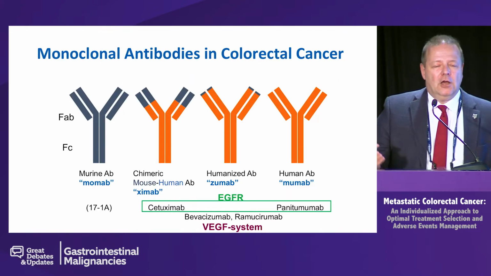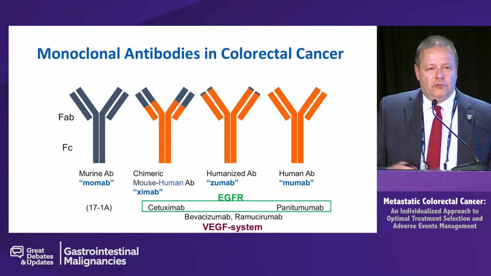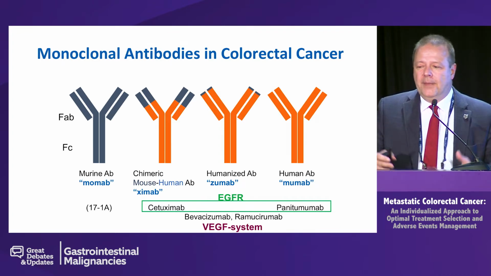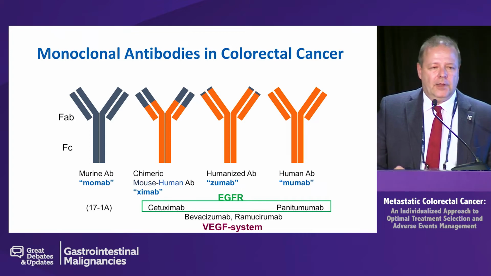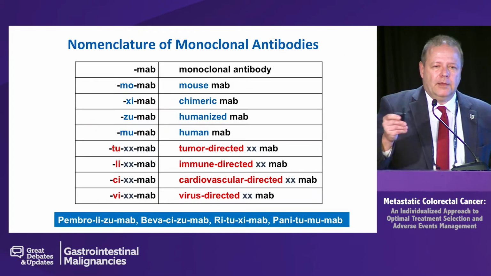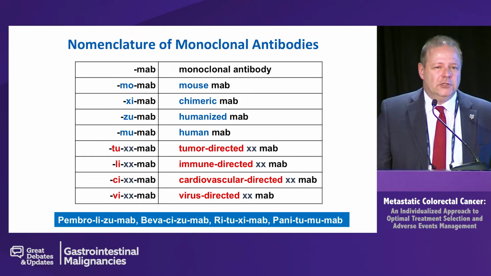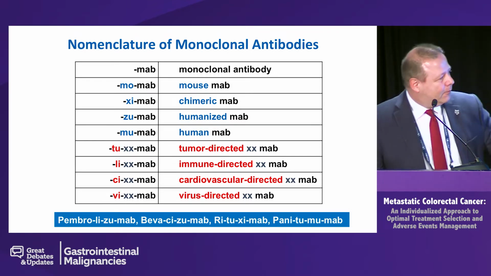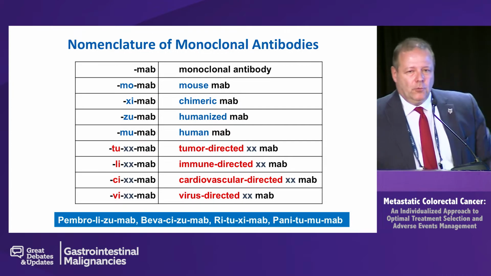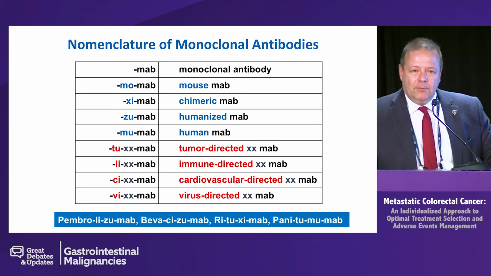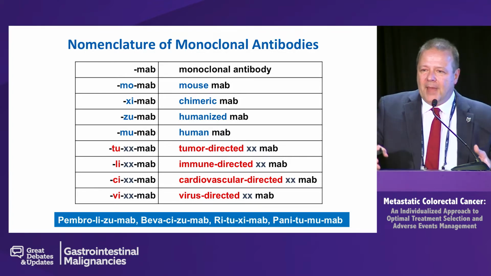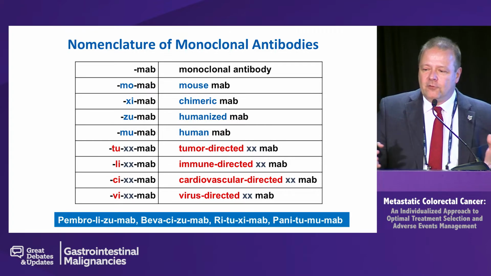Now, biologics, of course, for a long time were just monoclonal antibodies. The difference between murine, chimeric, and humanized antibodies. I want to give you a quick help to identify the nomenclature of antibodies. I saw this actually being published on social media at some point. MAB is monoclonal antibody, in the name of, of course, cetuximab, panitumumab, etc. The -omab, -zimab, -zumab, -umab talks about the IgG backbone, how much mouse there is in this antibody.